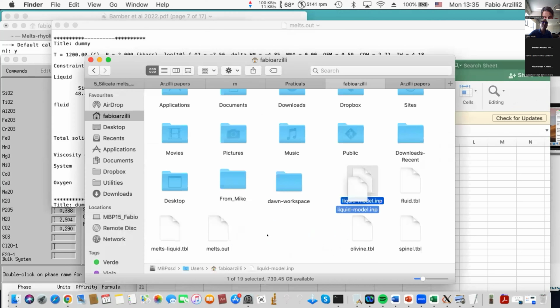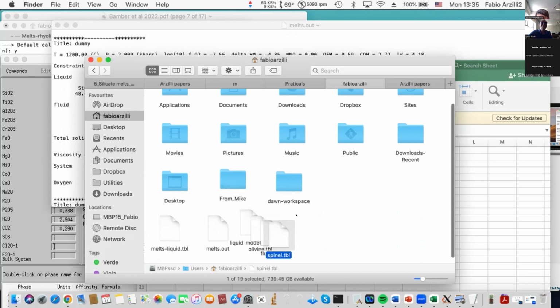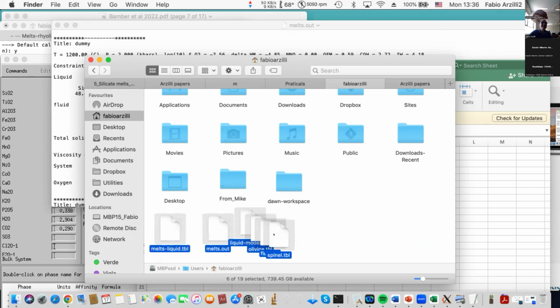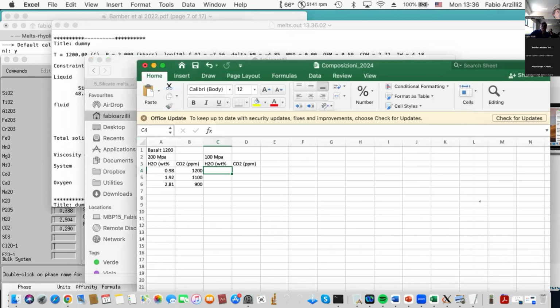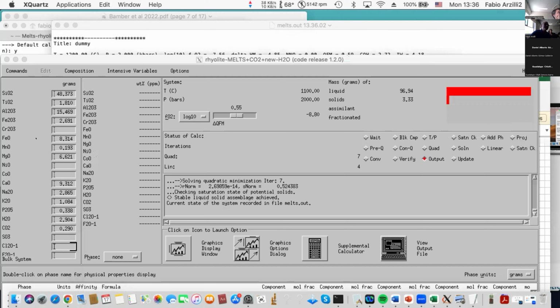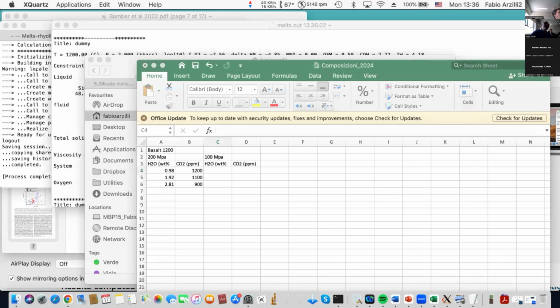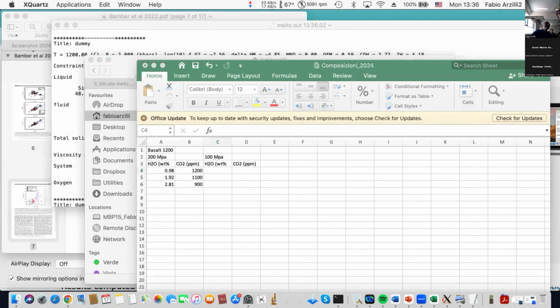We have to just repeat, because MAGEMin doesn't like to run multiple simulations at once. If you want to do multiple simulations, you have to adapt the script, for example with MATLAB, where you run it continuously, in order to avoid reopening everything. It's boring, but at the moment that's how it works.